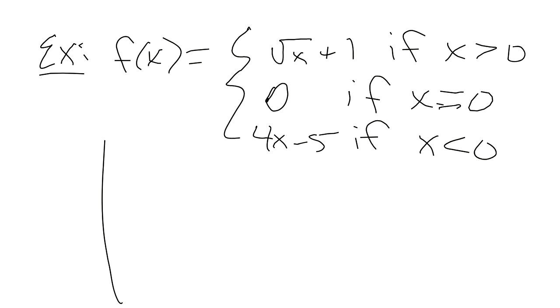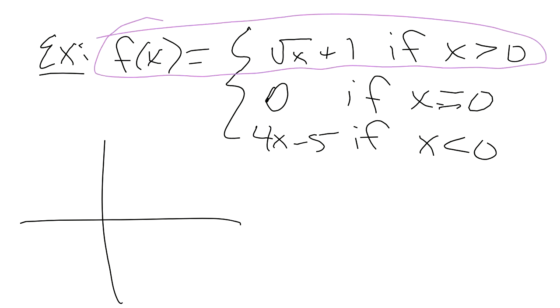I'm going to use color since I got all these pretty colors. The first one, the square root of x plus 1, is an upshift of the square root graph, right? So that's half a parabola turned on its side, a curve.